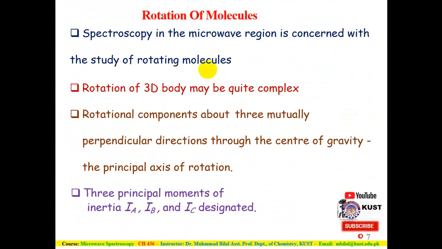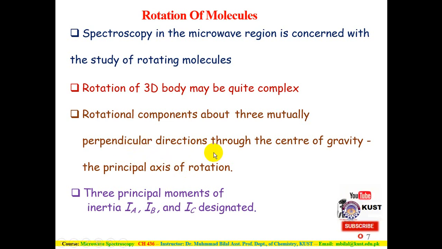In this slide we will discuss the classification of molecules on the basis of rotation. First of all, microwave spectroscopy is concerned with the rotation of molecules. This rotation of a molecule is complex in 3 dimensions, and is composed of 3 perpendicular axes, 3 perpendicular directions through the center of gravity.